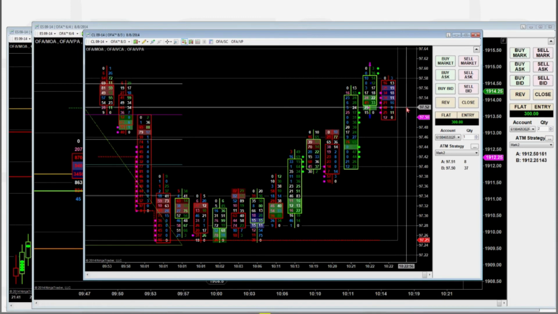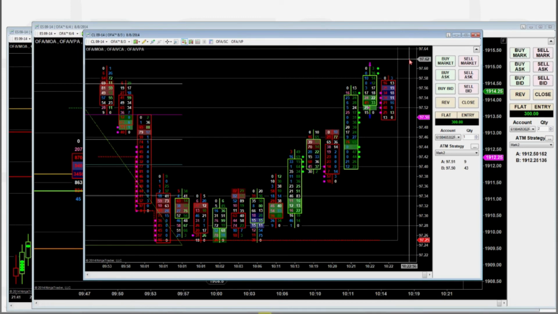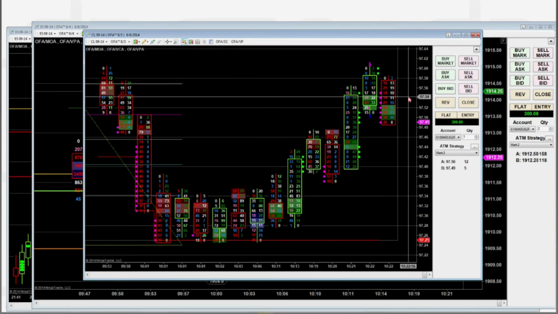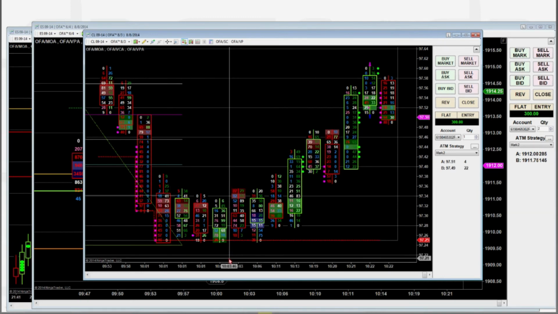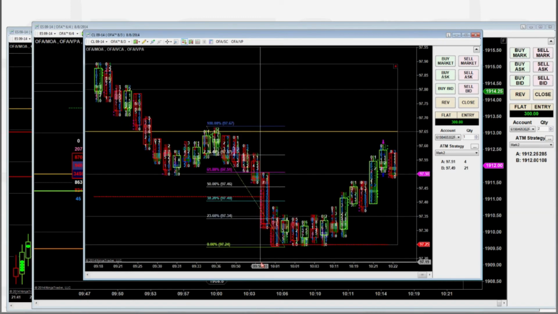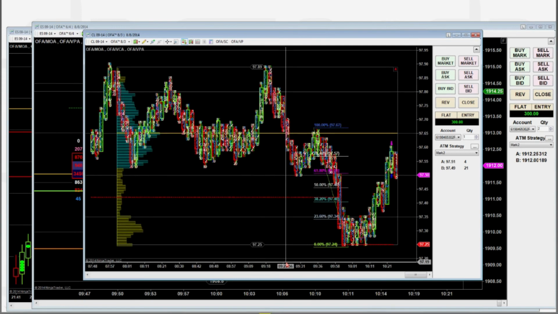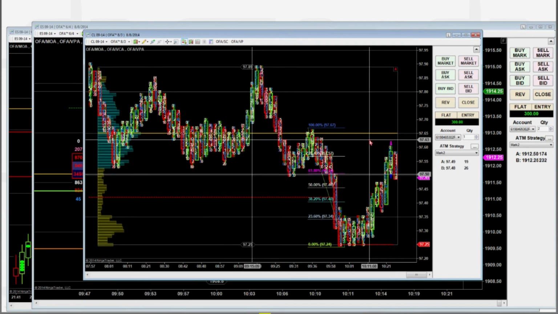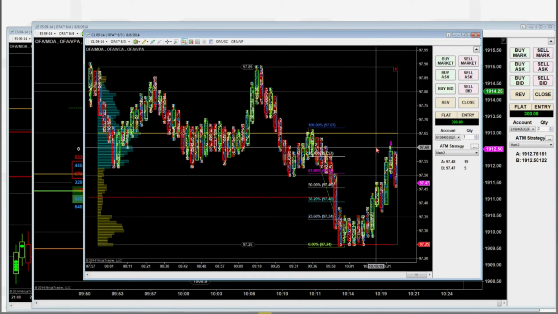But if I would have given this a little bit more room, 10 ticks, this would have worked well. That's what I was looking for. Oh well. But now you can see how it is with oil, the levels. It poked through this low volume area and went all the way up to 97.60.